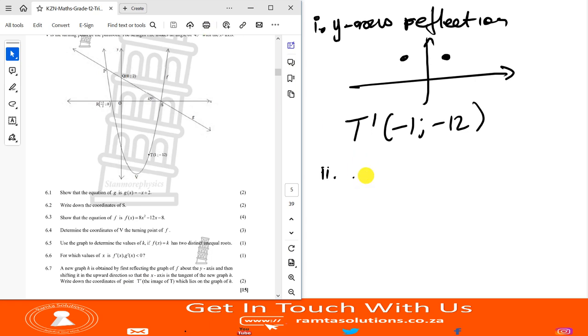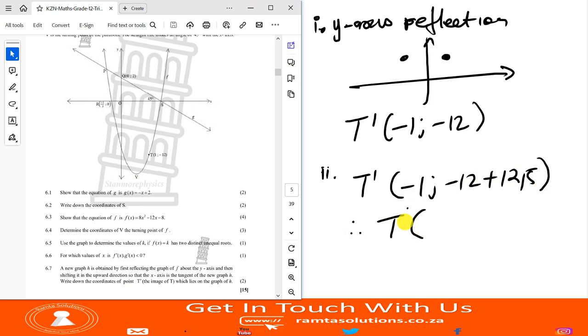It tells you that you must say, t prime will be minus 1, negative 12 plus 12.5 units up. Therefore, this means t prime is negative 1 and 0.5, because negative 12 plus 12.5 will be 0.5. So t prime will be this.